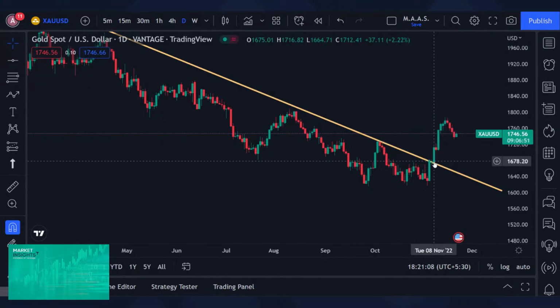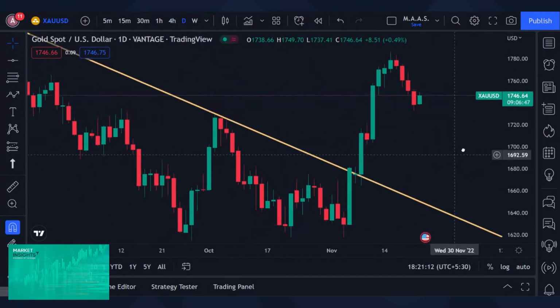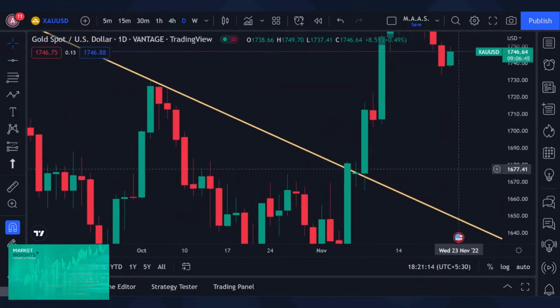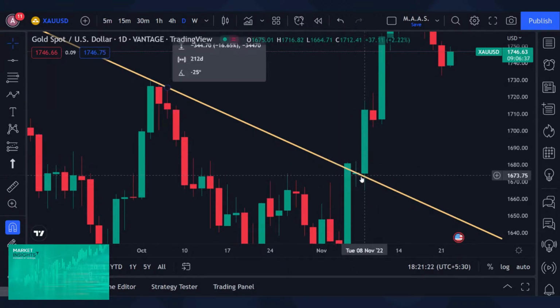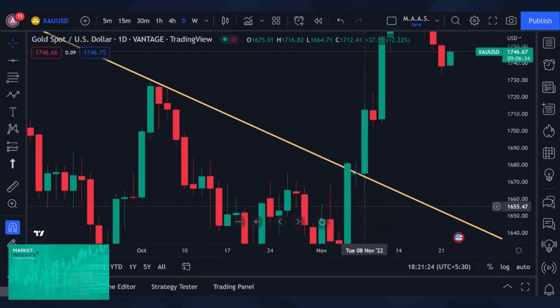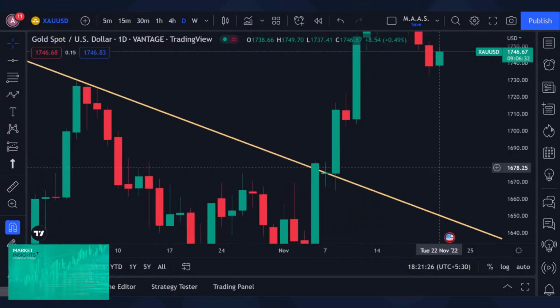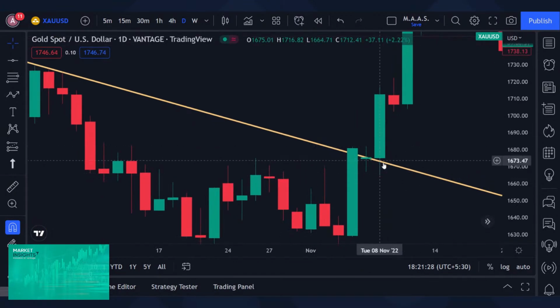Both of these two days the prices were above. Here it closed above, here it closed above, and here, although there was an indecision, the next day it opened above the trend line, not below. There was a wick which went all the way down, but it did not mean that the price was going back into the trend.